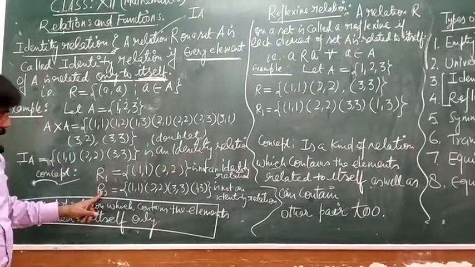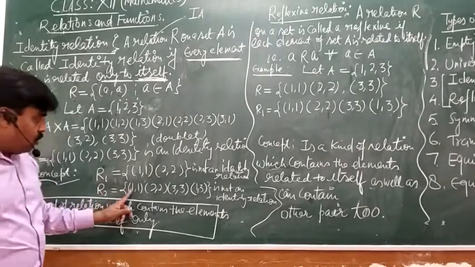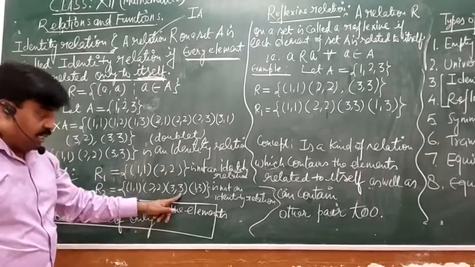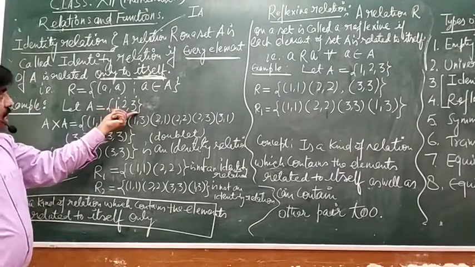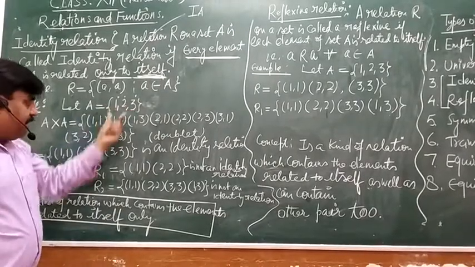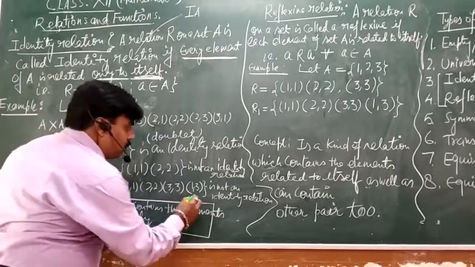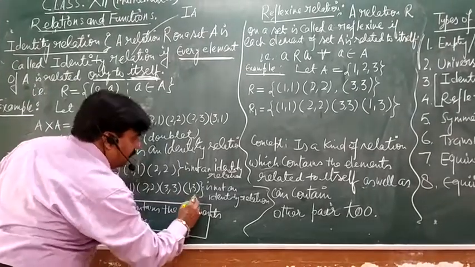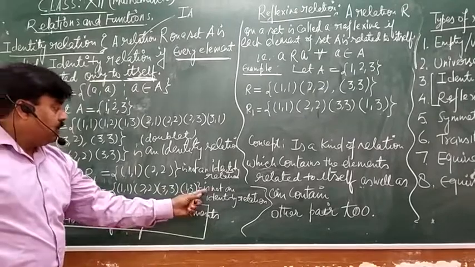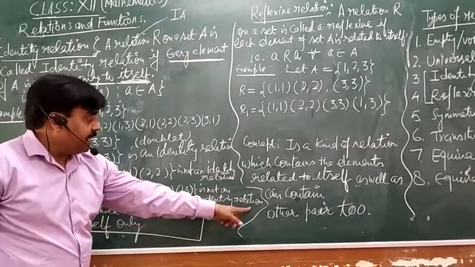Here is another example I have taken, R2: 1, 1, 2, 2, 3, 3. It means the elements which are given in set A are already here as doublets. But look, one more, 1, 3, is extra. So this is also an identity relation?